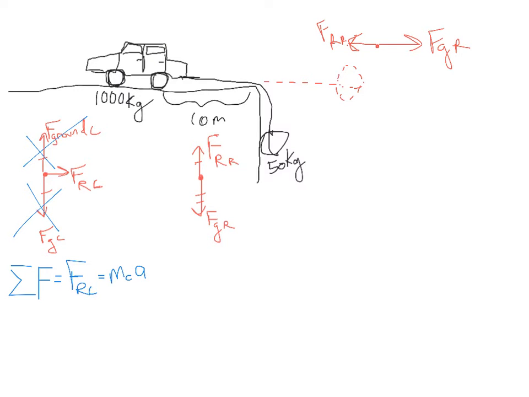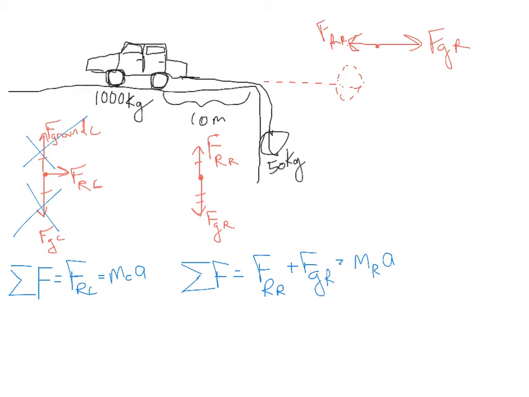And over here, for the rock, we have a summation of forces. That would be the force of rope on rock plus force of gravity on rock equals mass of rock times a.